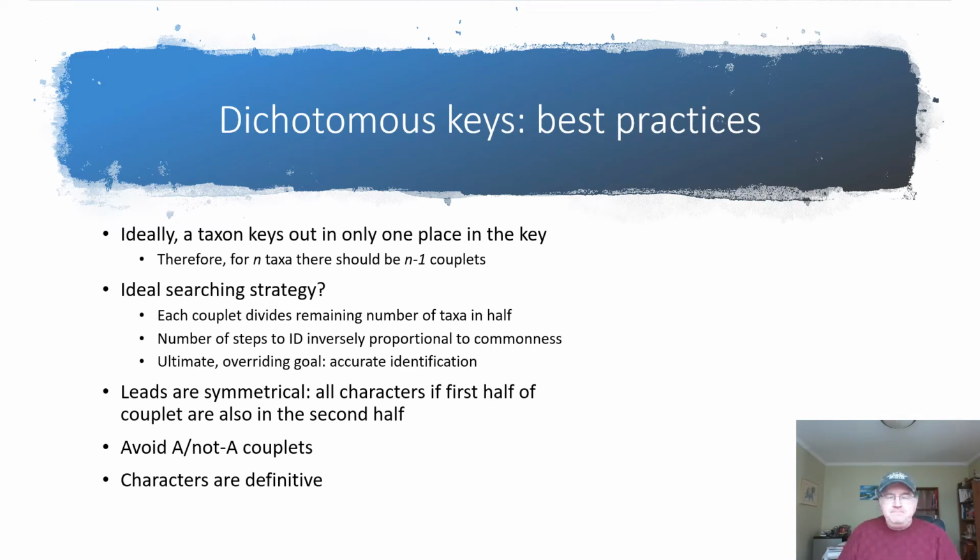of the couplet. Another thing to avoid, not always possible, is what I call A, not A couplets. Sometimes you'll come to a point where, of all the species left that you think the user might have, there's one that's just so weird in so many different ways that the key writer will basically describe that taxon with all its characters: wings present, tarsi 5 segmented, mandibles black, crown of thorns on its head, who knows, all these other characters.